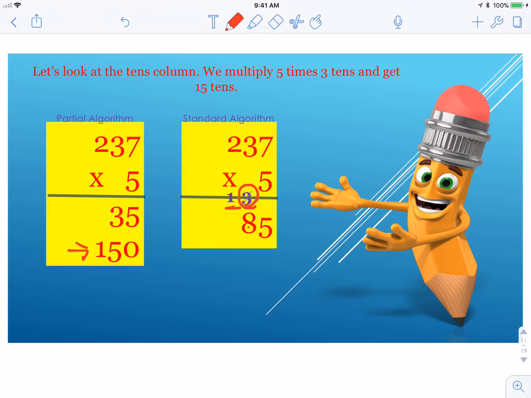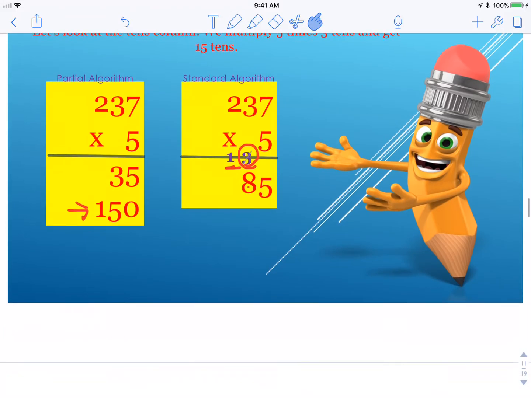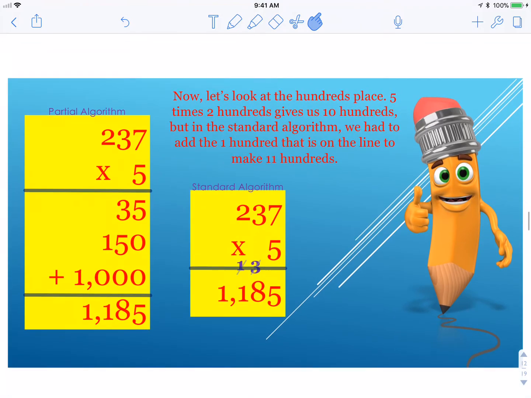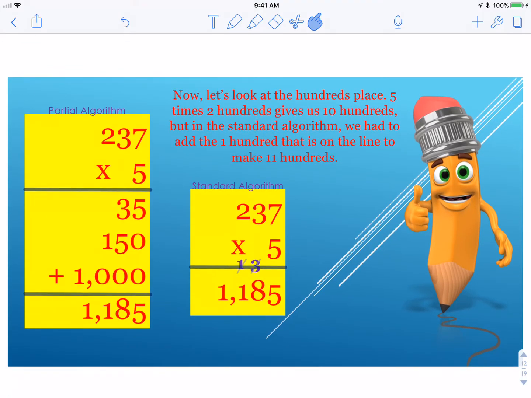What do we do? We carry the 1, just like when we're adding. Okay. Now let's look at the hundreds place. 5 times 2 hundreds gives us 10 hundreds. But in the standard algorithm, we had to add the 100 that is on the line to make 11 hundreds.